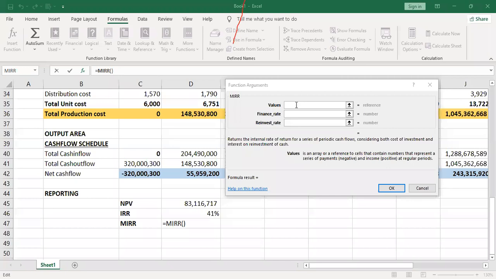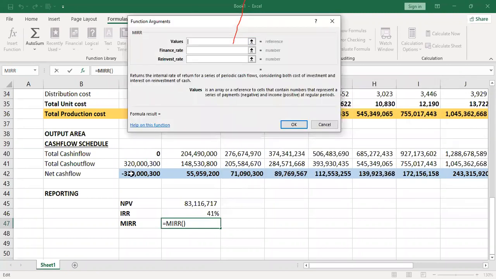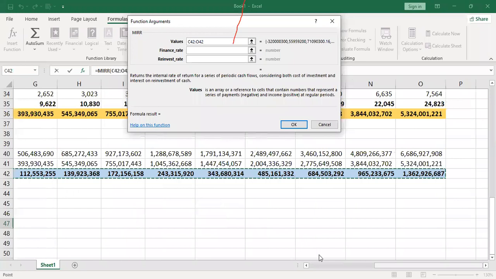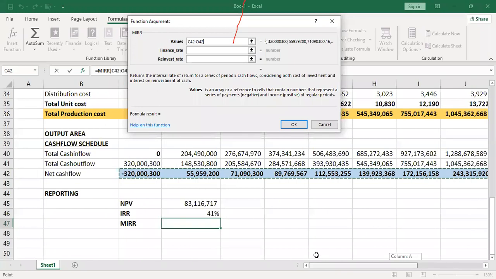Then you click on MIRR. Then the values: select all the net cash flows from year 0 up to the end.